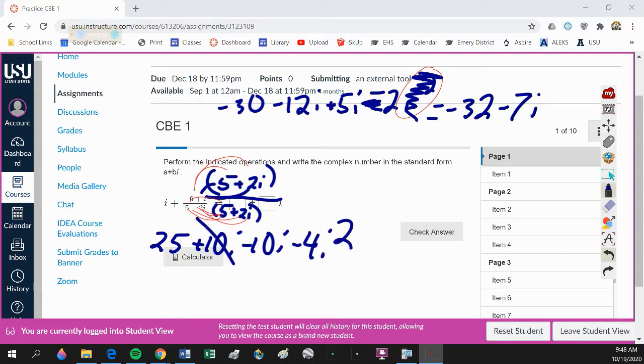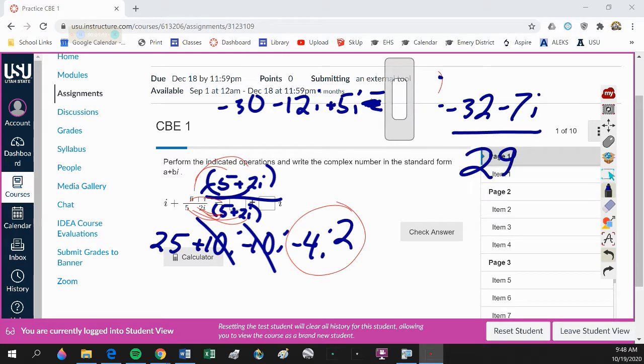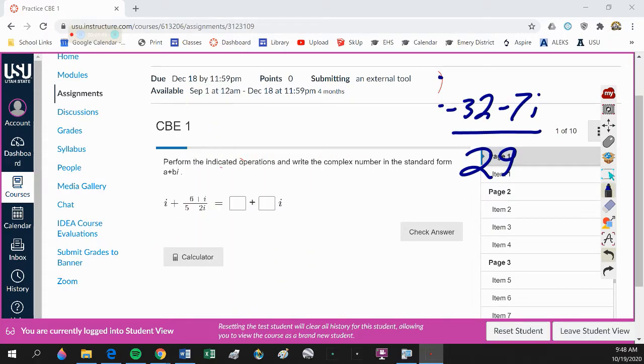But 10i minus 10i goes away, and we knew that was going to happen because they're conjugates. And then -4i squared turns into plus 4. 25 plus 4 is 29. Okay, so this has turned into that.